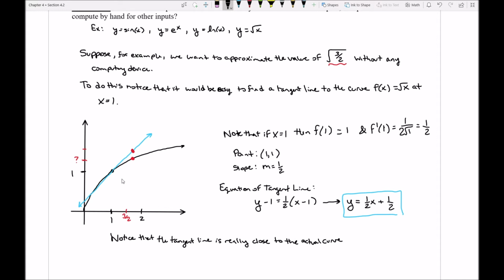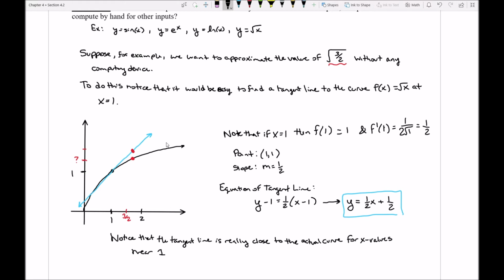The tangent line itself is actually really similar to the square root function, but only for x values that are near 1. Right? I mean, because I can see here that if I stay pretty close to the value of 1, I can see there's almost hardly any difference between the function itself and its tangent line on this little interval.